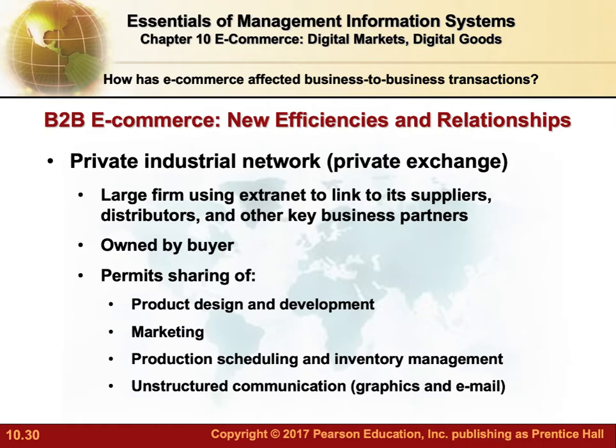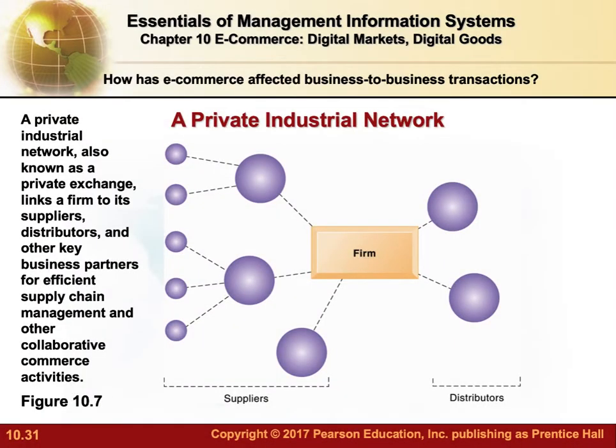Companies usually have a long-term relationship with each other in order to share certain information with the supplier, which we can see on the next diagram, where we have several suppliers, the firms and the distributor.